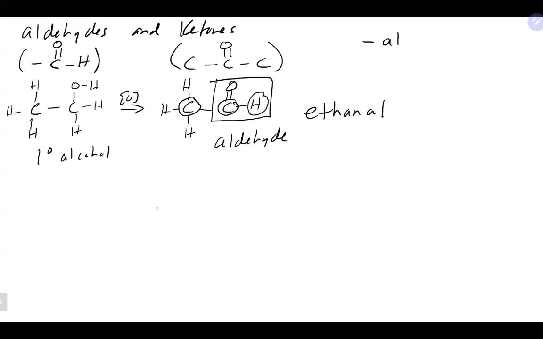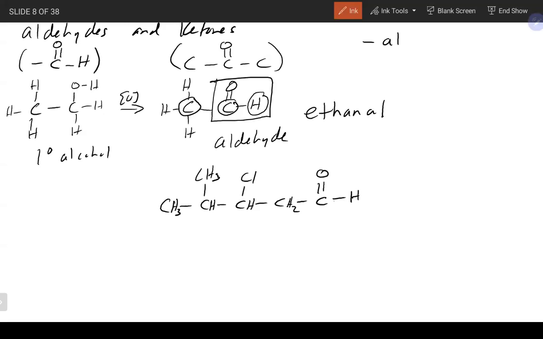So for example, if we had this guy here, and we'll just put a chlorine there, maybe a methyl group there, and we'll fill in here. We would still look for the longest continuous carbon chain.